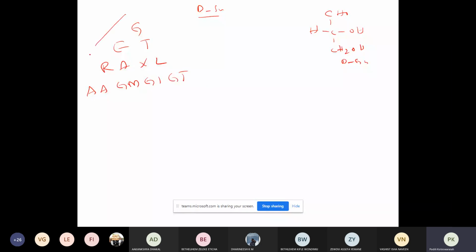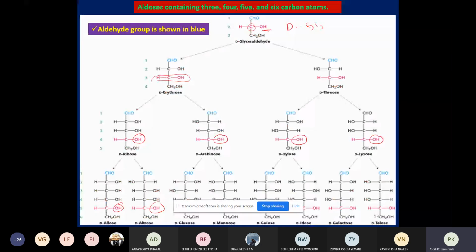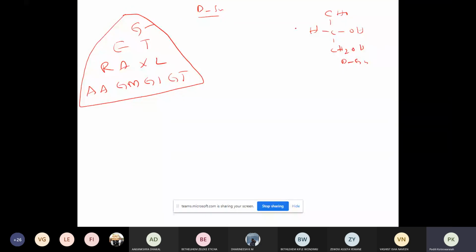This is the shortcut you need to remember, instead of memorizing all these structures. If you know the D-glyceraldehyde structure, we can write any sugar from glyceraldehyde.